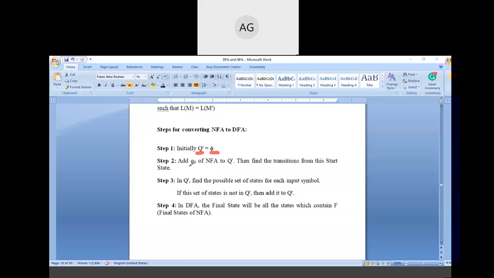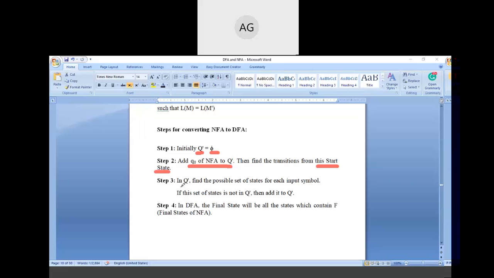In step 2, add q naught of the NFA, the initial state of the NFA, to Q dash, which is the initial state of the DFA. Then find the transitions from this start state. Whatever the initial state of the NFA is will become the initial state of the DFA as well, according to the second step.